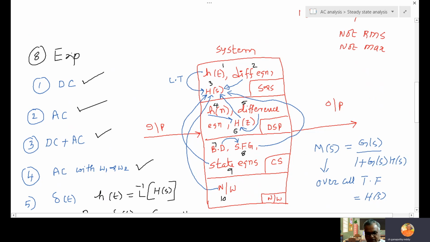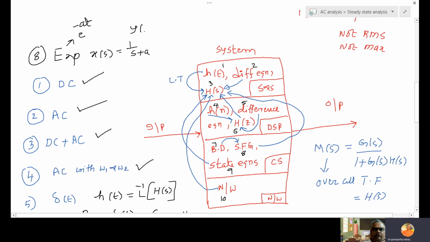Exponential input. If the input is exponential, the best technique is to take the exponential input e power minus a. So what is the Laplace of this? 1 by s plus a. Find X of s, H of s is available. Multiply. The inverse of that is the output.